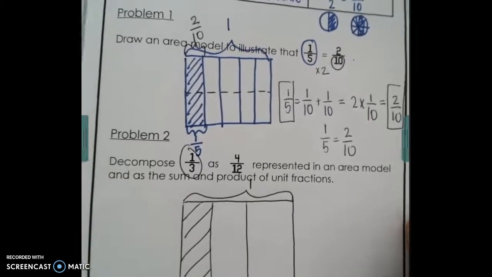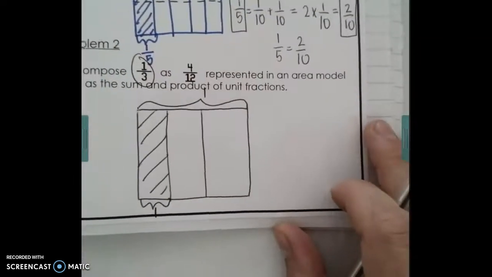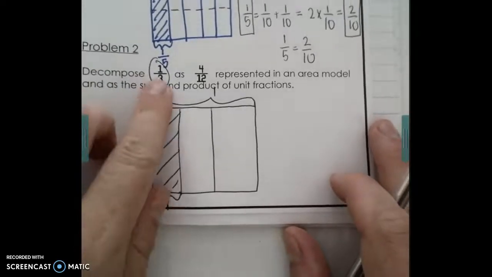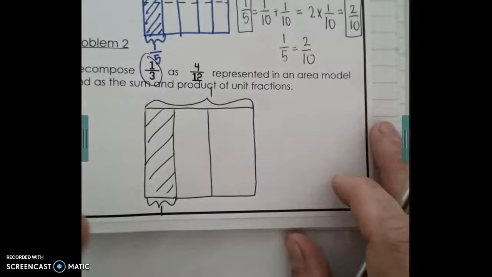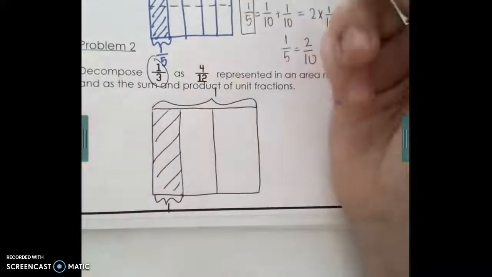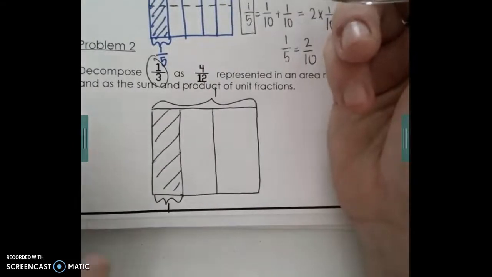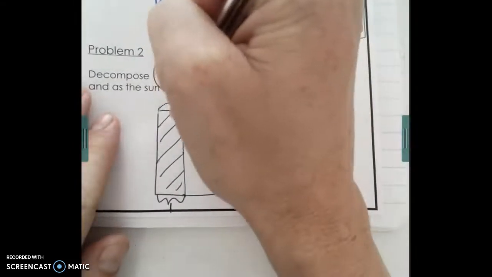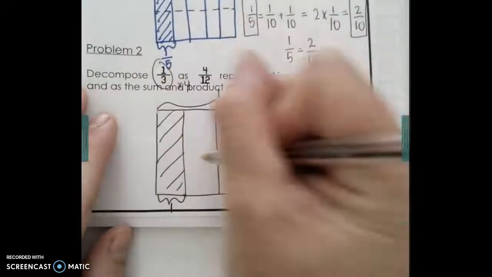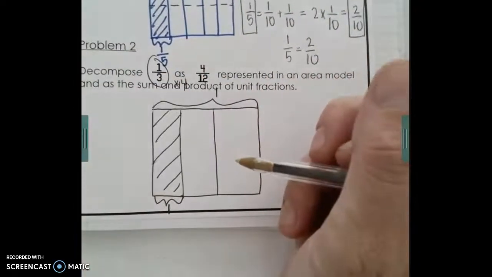And on the bottom, now I want to make 4/12. So I want to change this into 12s. So how many times does 3 go into 12? It's 4 times, right? Times by 4, I get my 12. So what I'm going to do is I'm going to cut this up into fourths so that I have 12 of them.